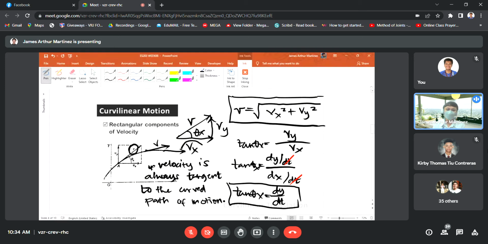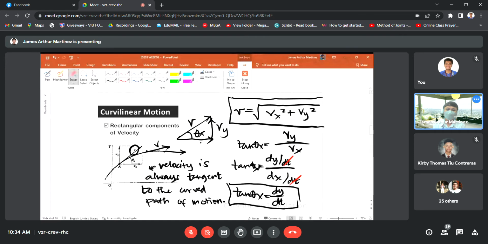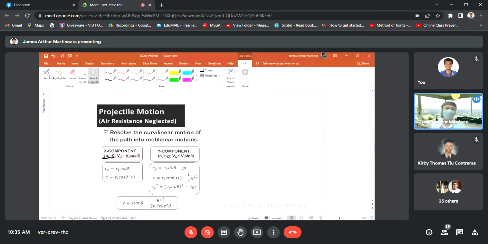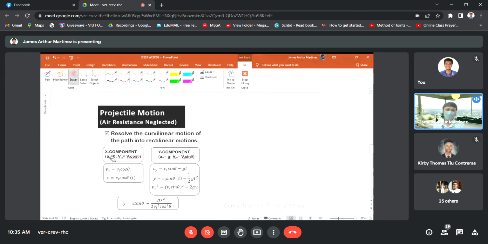If you take the x component of your velocity, you just take the cosine function of this relationship: cosine of angle theta with respect to x is equal to the adjacent side Vx over the magnitude V. Our objective is Vx, so cross multiplying, you have V cosine theta. That is where the assumption on the x component of projectile motion comes from. Kindly take note of that, because you will use it later.